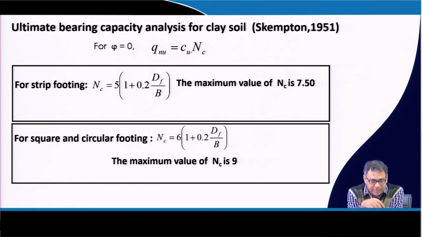So, N_c for strip footing I will get by using this equation, with a maximum value of 7.5. That means, for this case N_c cannot be greater than 7.5. For square and circular footing, this is the expression, but N_c should be limited to 9.